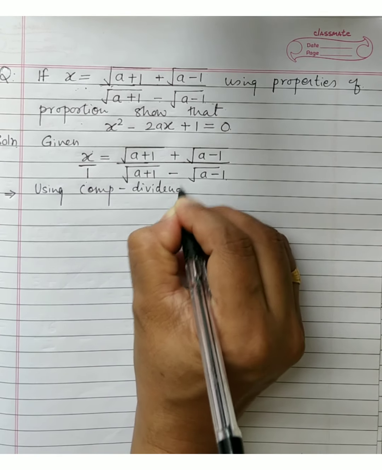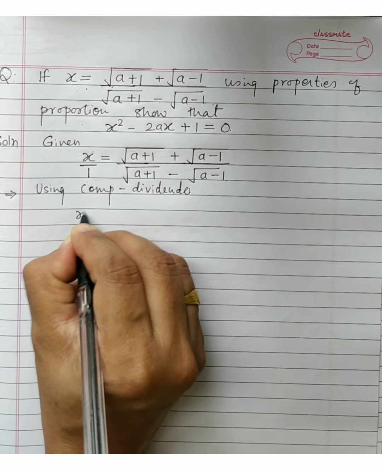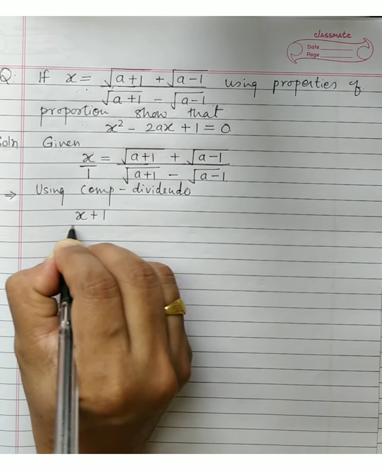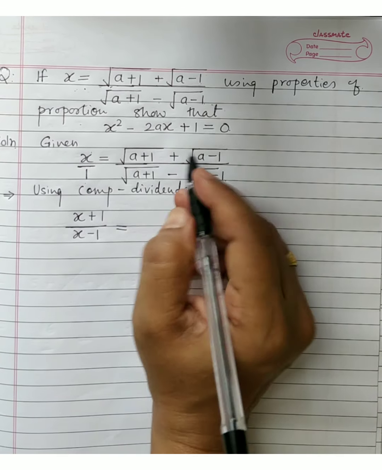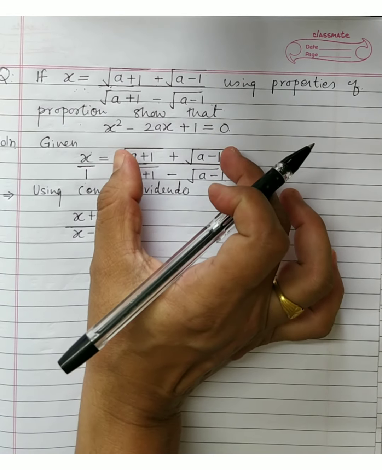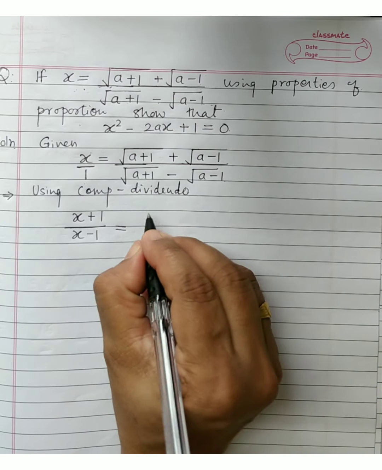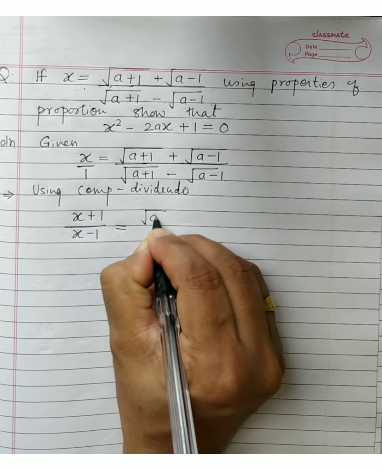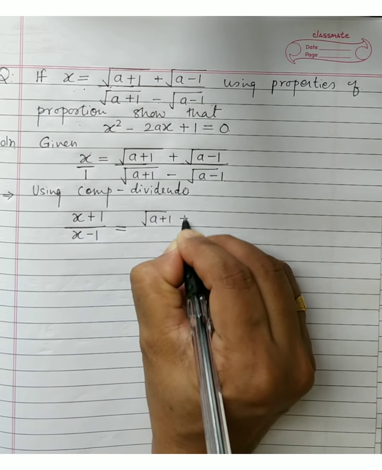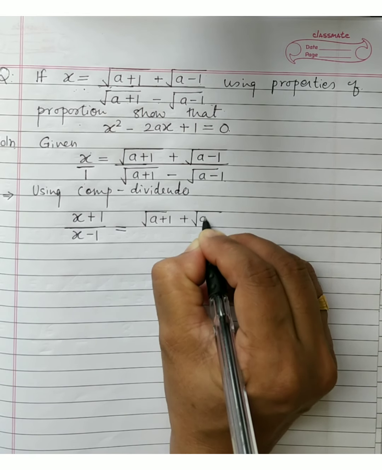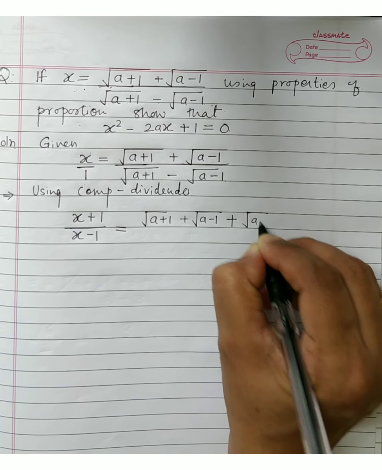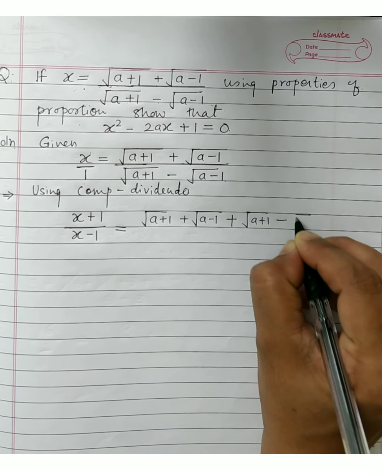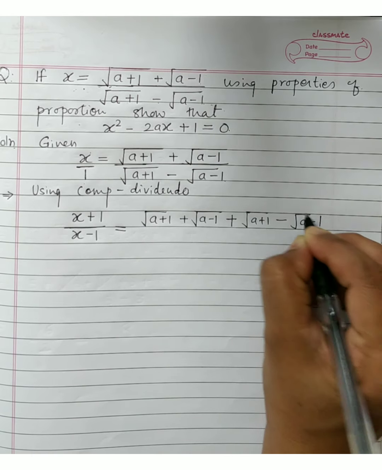What will be the left hand side? (x+1)/(x−1), and again for this part, numerator plus denominator, that is √a + 1 + √a − 1 over √a + 1 − √a + 1.